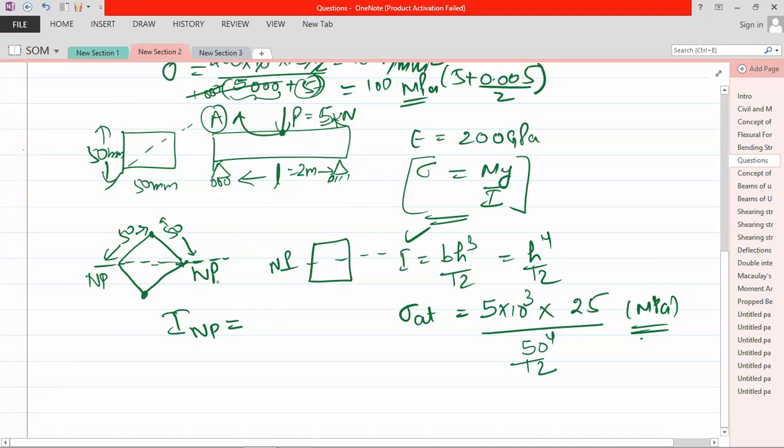Okay, I'm not getting any response, so I'm writing here. Why 50 to the power 4 by 36? I hope you understand moment of inertia in mechanics.